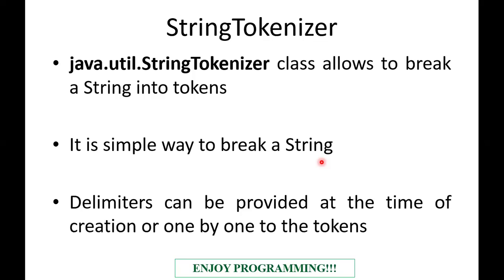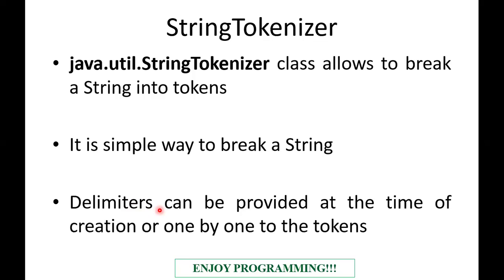Coming to delimiters, in the previous example we have seen space as a delimiter. You need not use space alone. You can provide your own delimiter. By default, space is a delimiter, but if the programmer wants to provide his own delimiter, for example in an email, if we want to separate the tokens, we can give the delimiters as at and dot, so that wherever there is an at, the tokens are separated based on that delimiter.